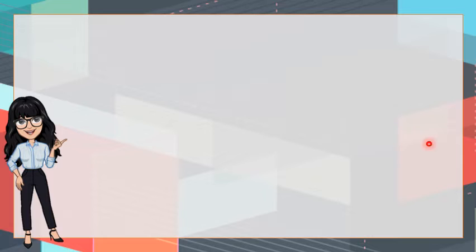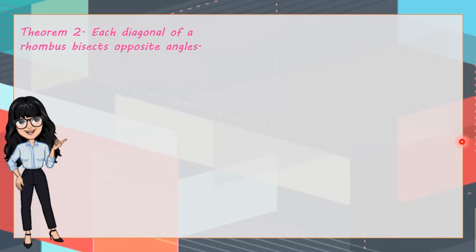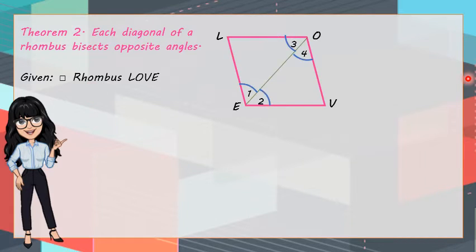Theorem number 2. Theorem number 2 on rhombus states that each diagonal of a rhombus bisects opposite angles. So aside from the diagonals of a rhombus bisecting each other because of the property of the parallelogram, we can also say by theorem number 2 that the diagonals of a rhombus bisect opposite angles. So again, we have here given rhombus LOVE.